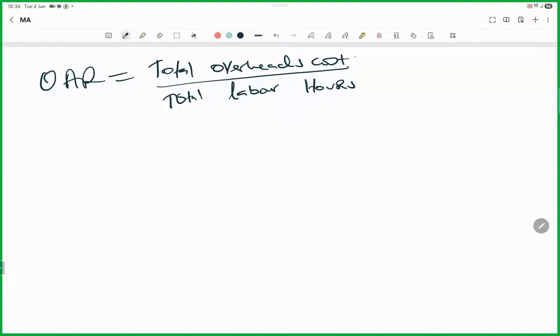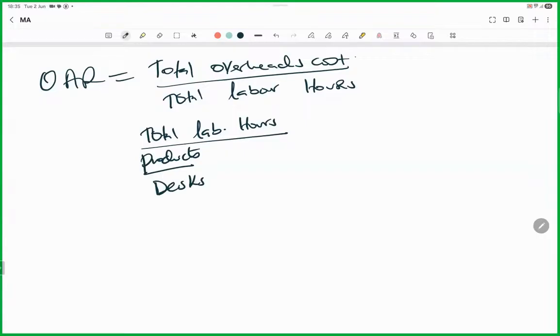What I'm 100% sure that most of them were not able to do is to get their total labor hours to be used in this production. So the total labor hours, we have two products. So the products that we have around here, we have what and what?